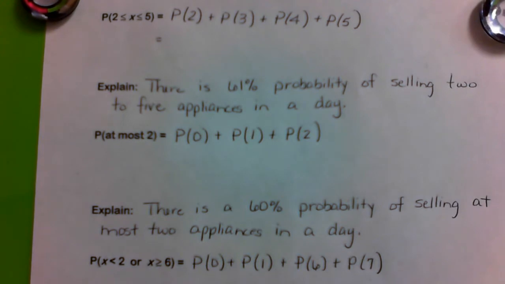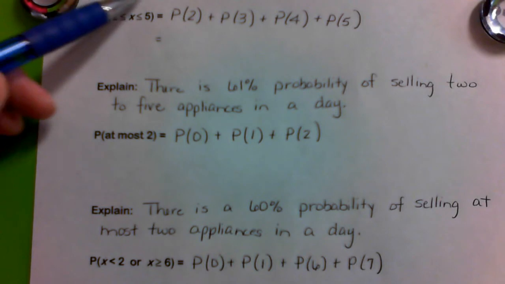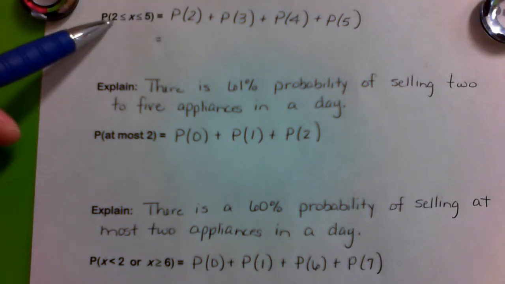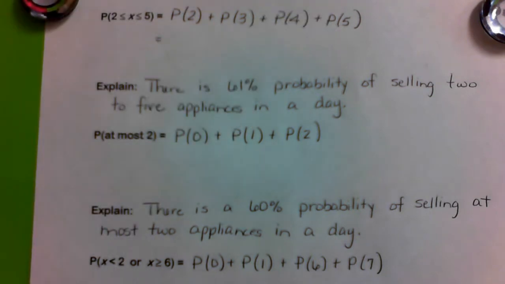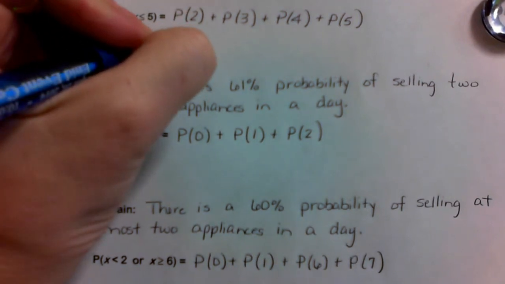And remember, or is the addition rule. So it's written the probability of X being between 2 and 5, and these are the probabilities that we're going to add. So I go to my table, and the probability of 2 was 0.26.